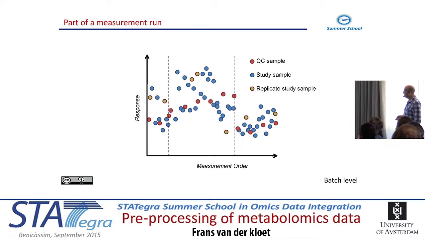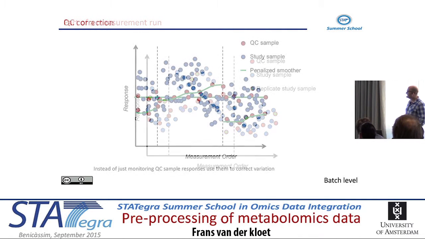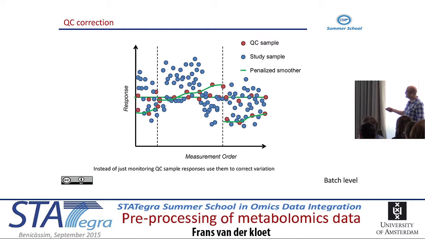Usually these quality control samples were used to monitor this behavior, but we could also use them to correct for variation. We drew a line through it, we used a penalized smoother in this case, and followed this pattern. We said, well, they should behave the same, so let's make them behave the same, and then project it onto the samples and remove the analytical variation because of it.